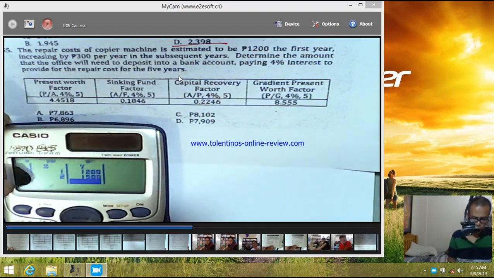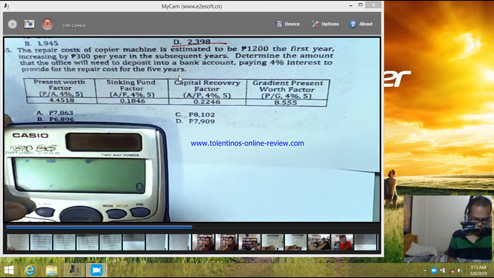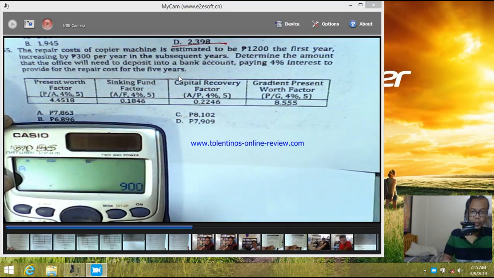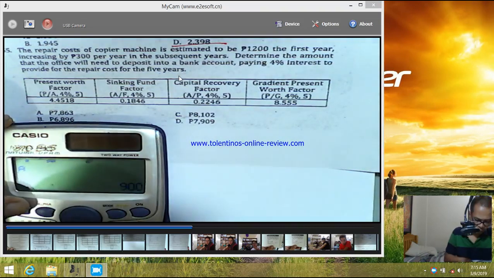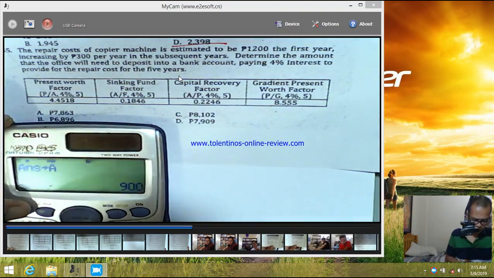1,500. Just model the line. Now shift 151. So A is 900. Store that to A, and shift 152. Of course, this is 300.